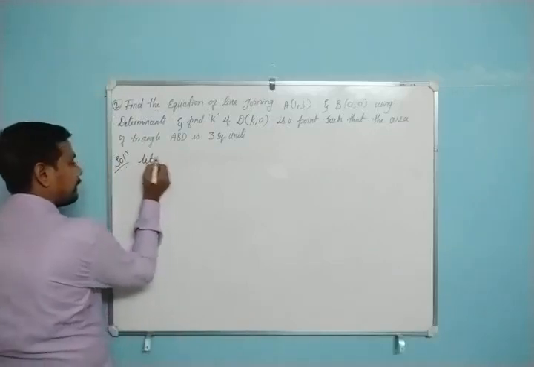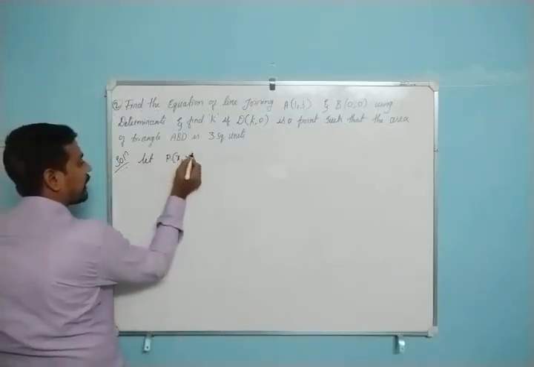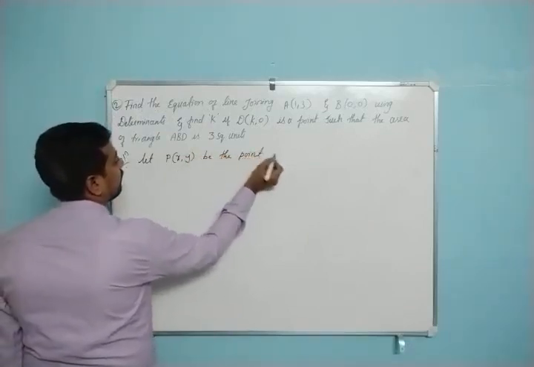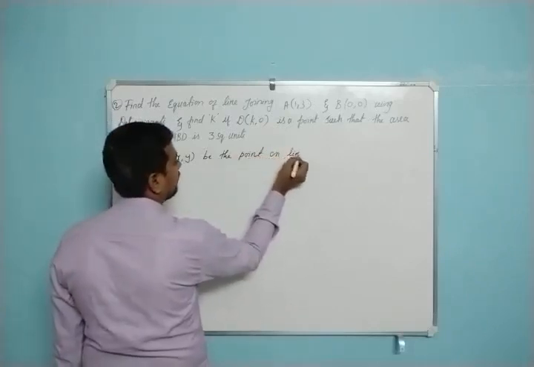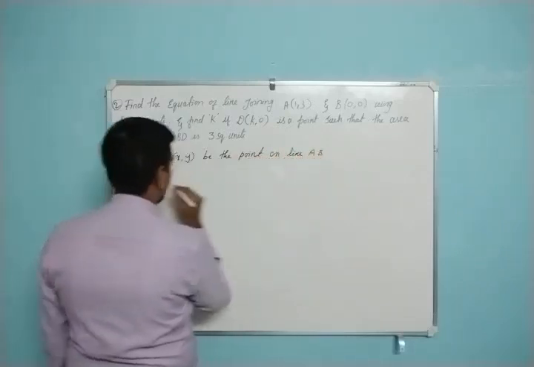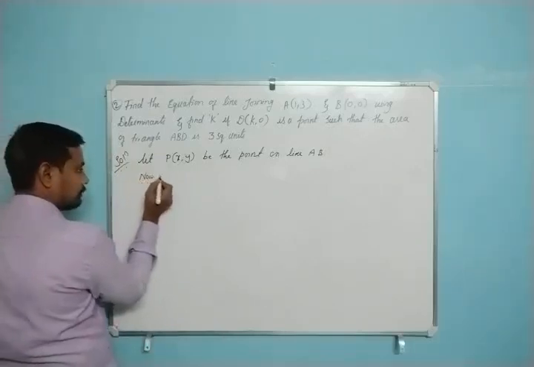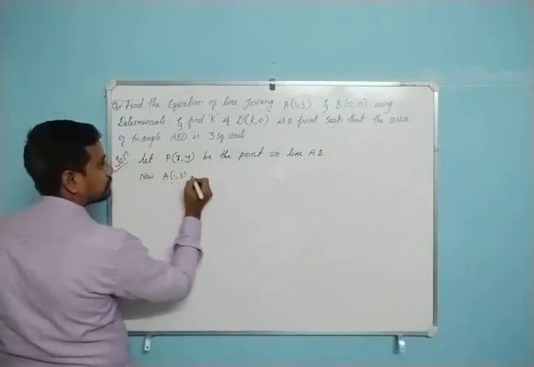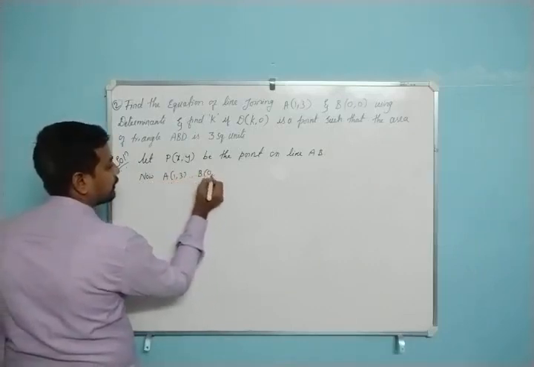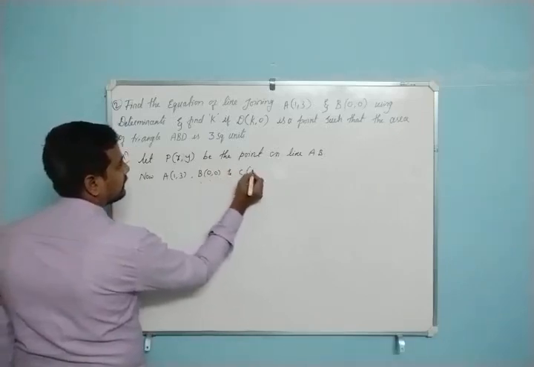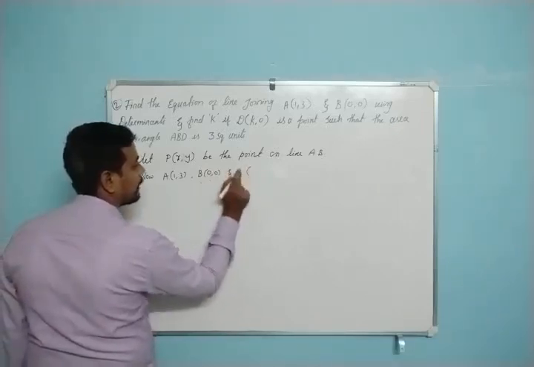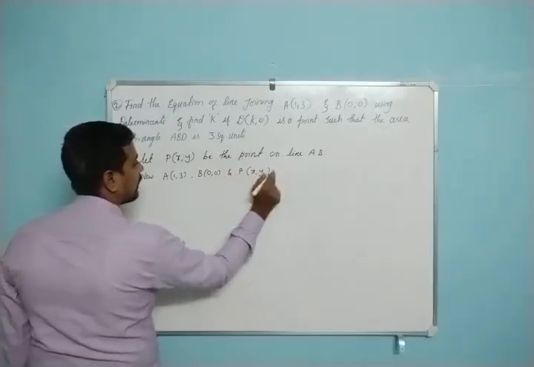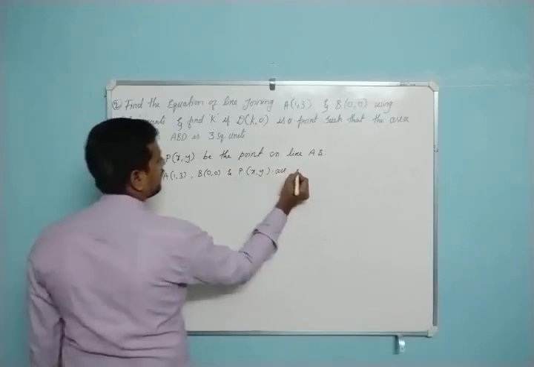Let P(x, y) be the point on line AB. Now A(1, 3), B(0, 0) and C, or P, we have assumed P(x, y), are collinear.